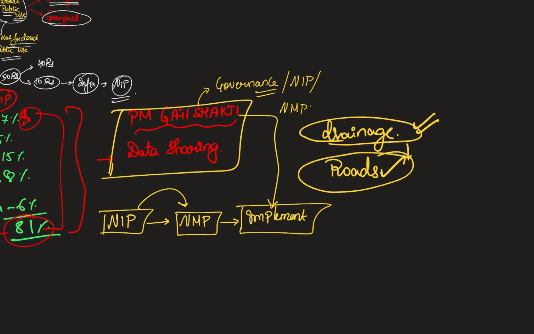This lack of coordination is seen not just at the local level but also in big projects, for example, environmental projects at the national level. To avoid such ambiguities, this PM Gati Shakti master plan is going to help the ministries involved.